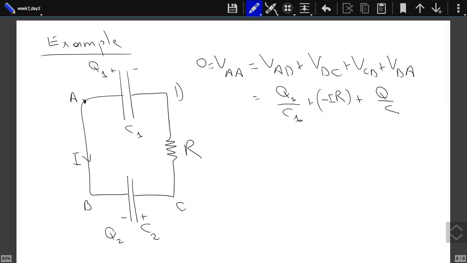So the potential drop is Q2 over C2. And from B to A, the potential drop is 0. So Q1 over C1 plus Q2 over C2 should be equal to I times R.